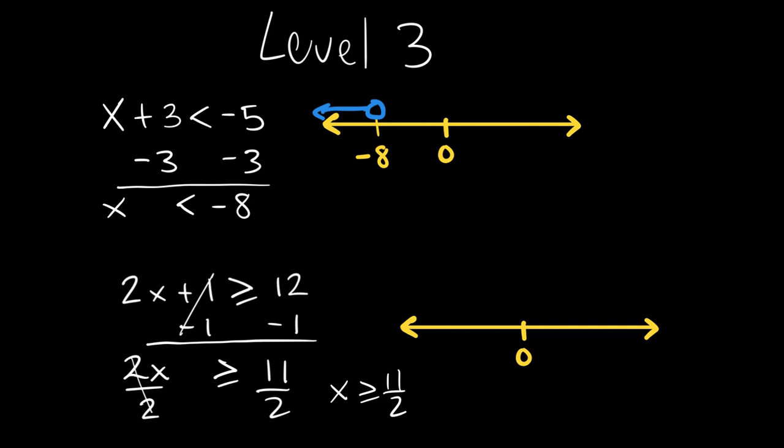Usually these problems are graphed as well. 11 halves is somewhere to the right-hand side because it's positive. We would have a closed dot because this extra little line means we're not only starting at 11 halves, but we're including 11 halves as well. The numbers greater than that go in the positive direction.